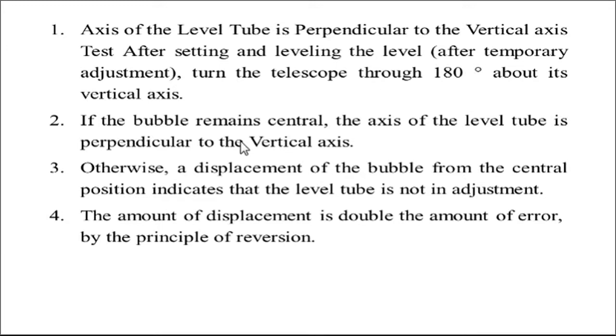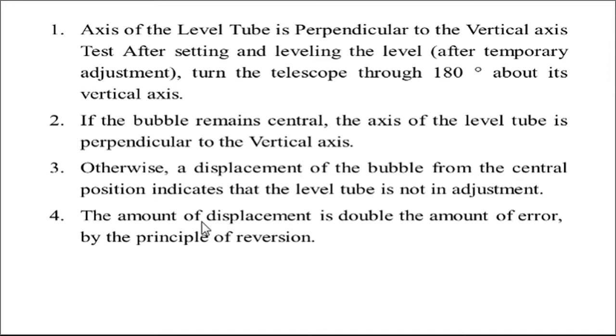If the bubble remains in the center, the axis of the level tube is perpendicular to the vertical axis. Otherwise, a displacement of the bubble from the central position is noted, and if it is not in the center, then the level tube is not in adjustment, or we can say the instrument is not in adjustment.